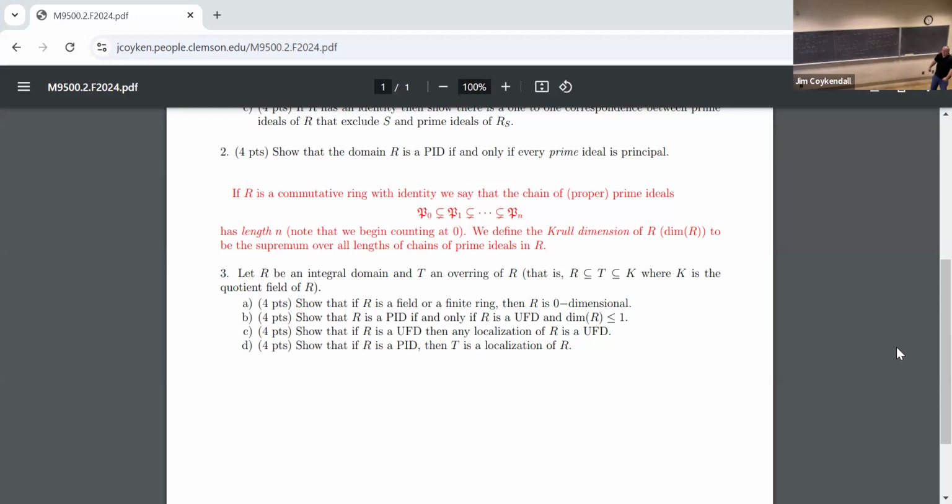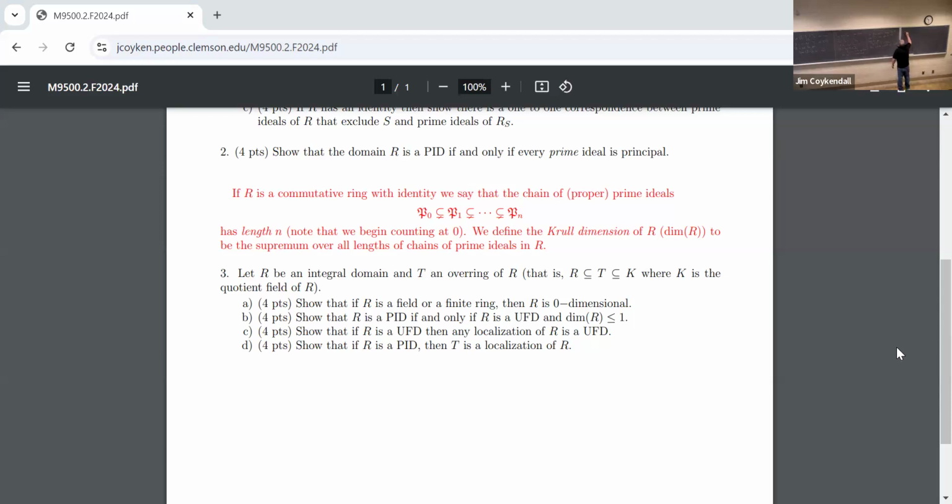Okay. What's that? I'm just thinking that if we take the ideal generated by P and A or P and B, it will be finitely generated, right? If we take the ideal generated by P and A, that ideal must be finitely generated.